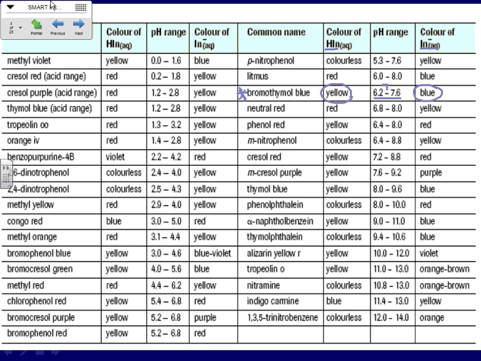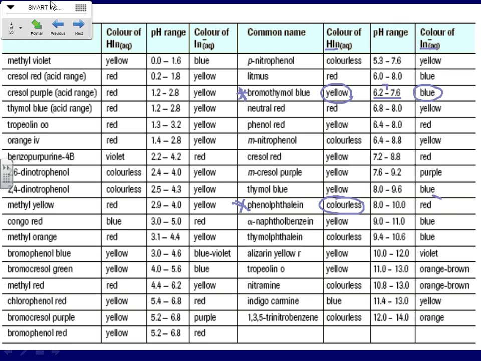Let's take a look at some other indicators that we've used before. Here's good old phenolphthalein. We've used that many times. We used it the other day to determine the Ka for acetic acid. And you'll notice, again, the indicator acid color is colorless.